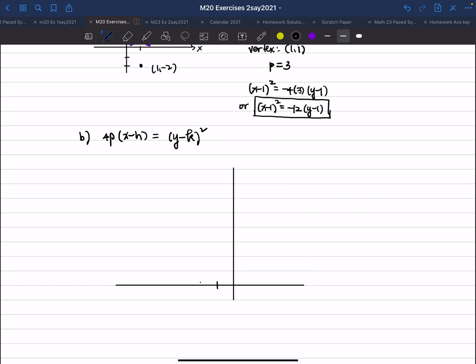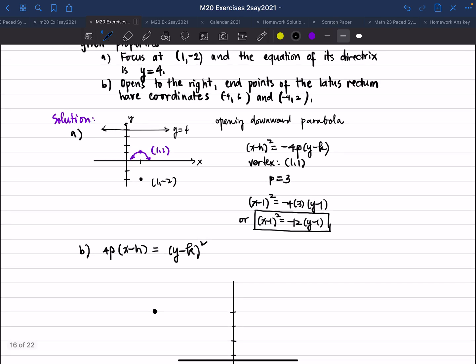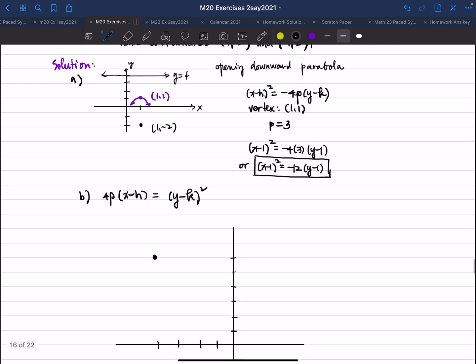Okay. Negative 4 and then 6 units. 1, 2, 3, 4, 5, 6. And then, what is the other latus rectum endpoint?